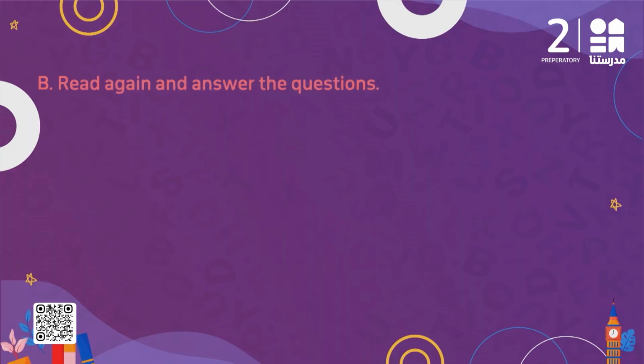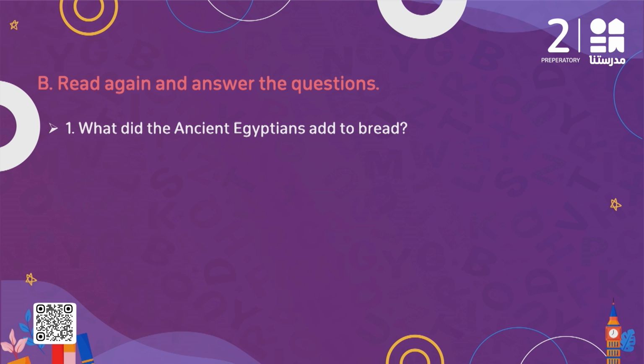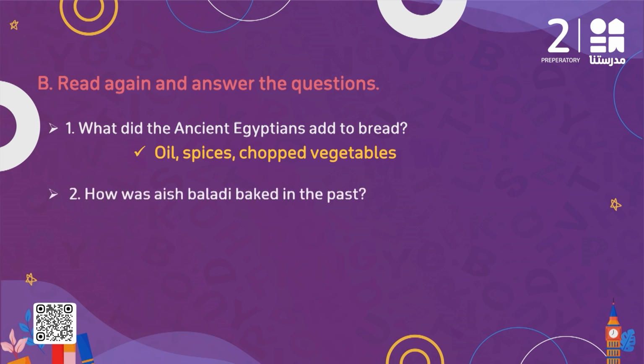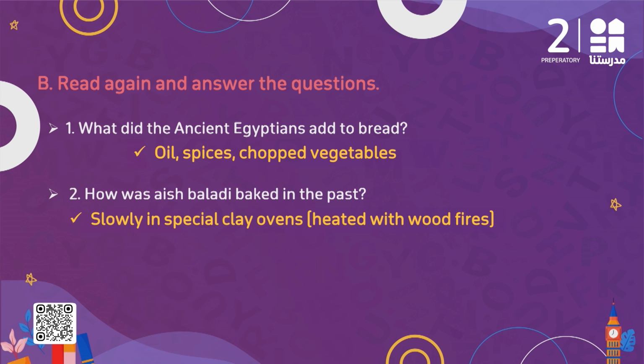Now read again and answer these questions. What did the ancient Egyptians add to bread? Do you remember? They added oil, spices, and chopped vegetables to make it tastier. How was aish baladi baked in the past? Did they bake it in electric ovens, or slowly in special clay ovens heated with wood fires?